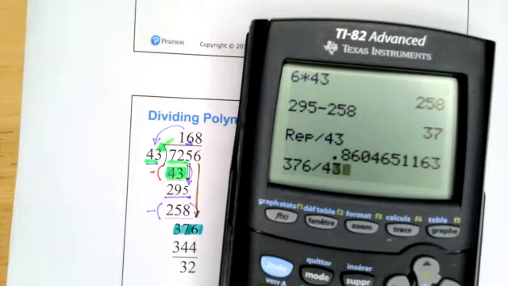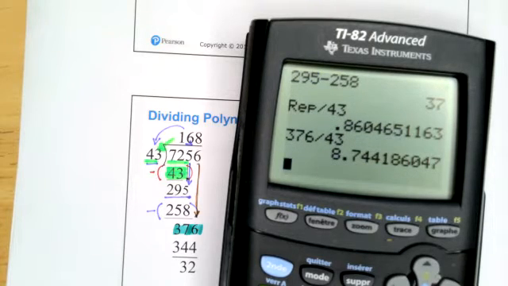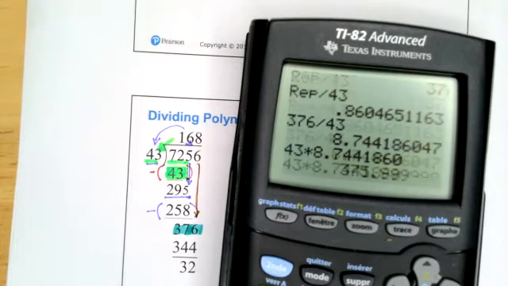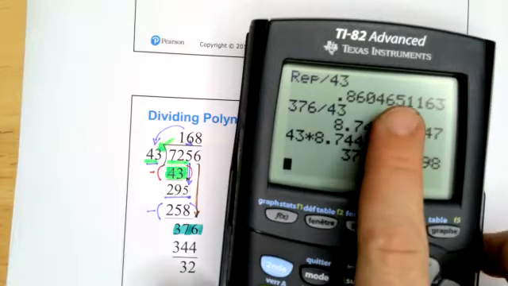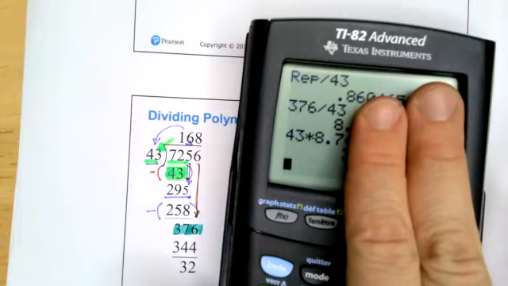376 divided by 43 is the same as, what do I need to multiply 43 by to get to 376? I need to multiply 43 by 8.7441860, etc. Right? So stop. We're not including decimals, just whole numbers.